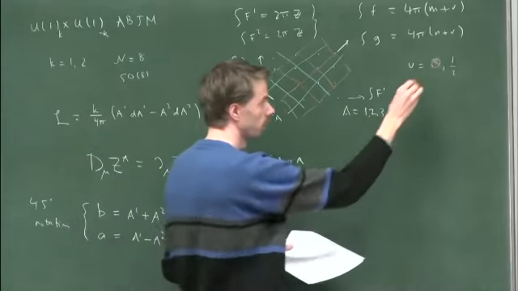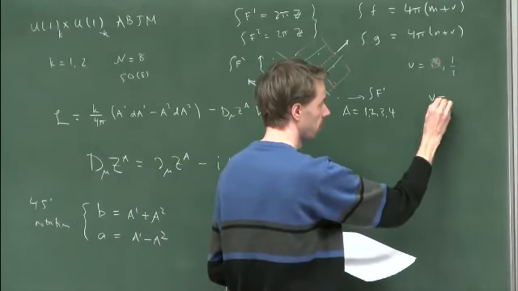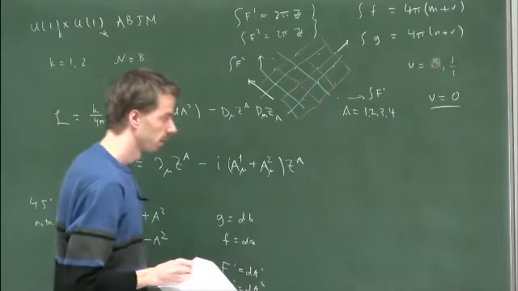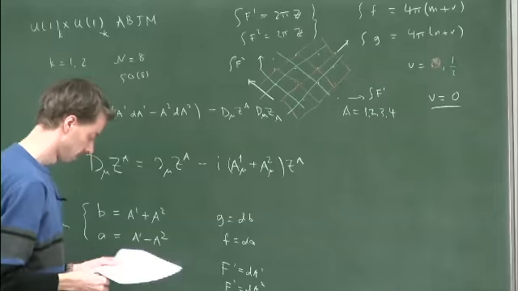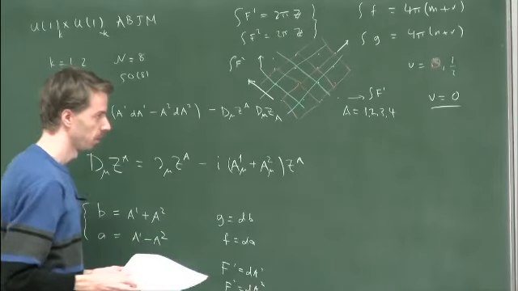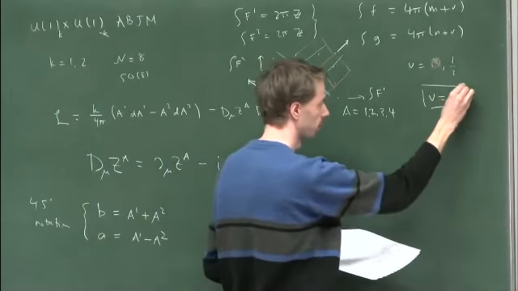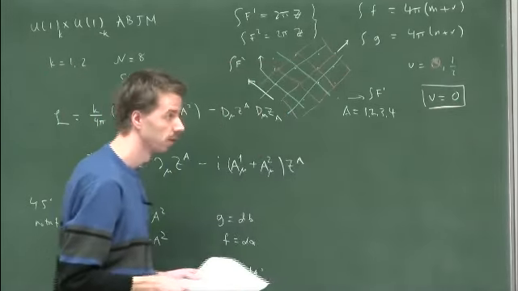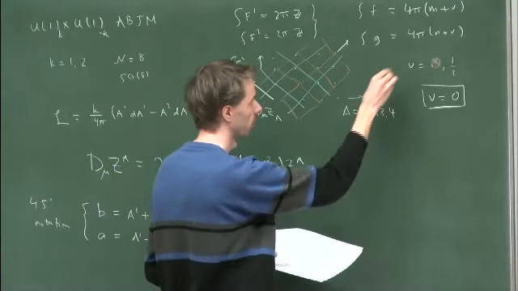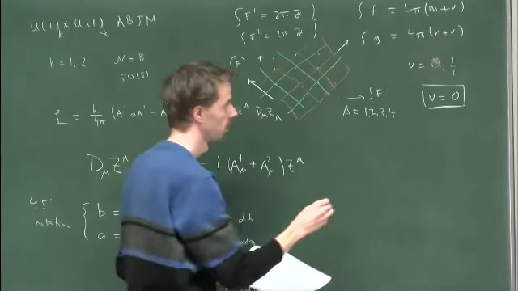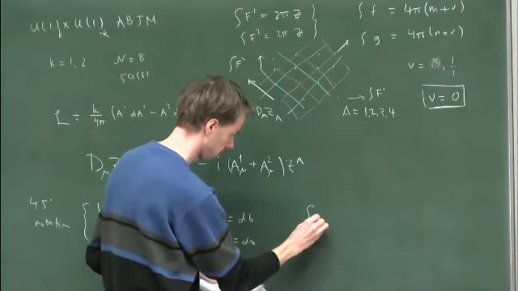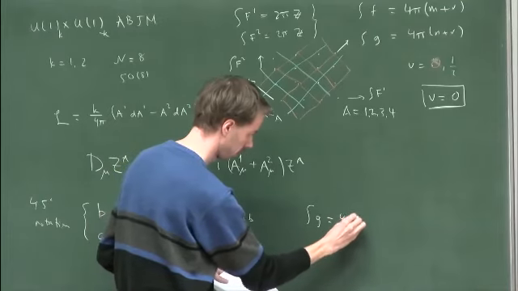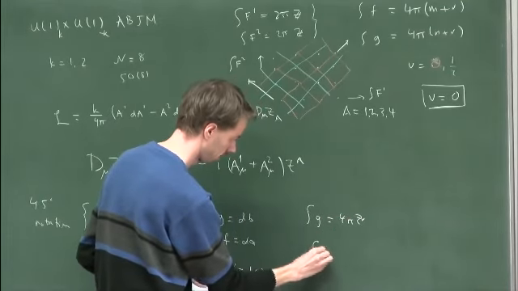Now I claim that ABJM theory is defined as only this. So I define ABJM theory like picking this, which means that the charge quantization is 4π integer. So I conclude that it is 4π integer.